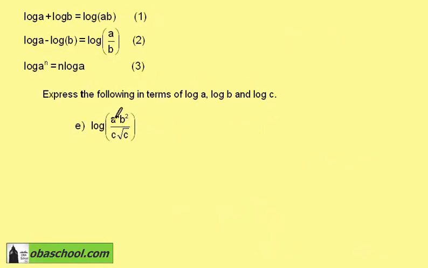For this one here, we split initially as this law, so we'll get the log a to the 4 b squared, take away log of c times root c.